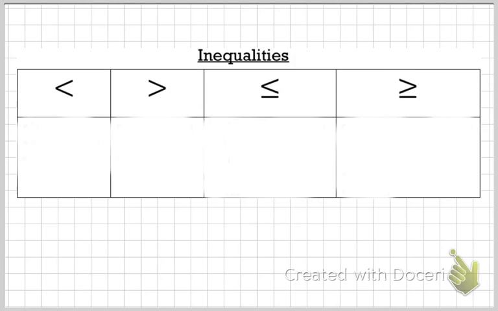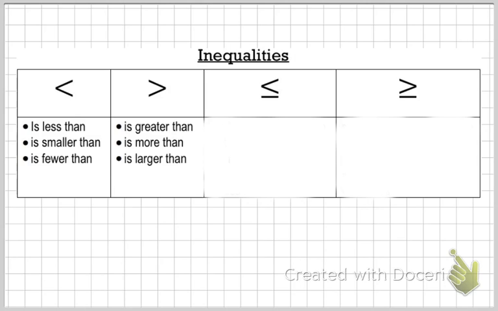Now, these inequalities have different keywords that you will need to learn in order to know when to use less than, less than or equal to, greater than or equal to, or the greater than symbol. Some keywords for less than: is less than, is smaller than, is fewer than.